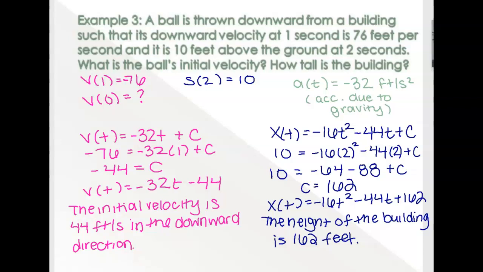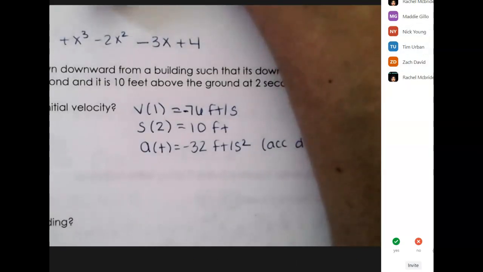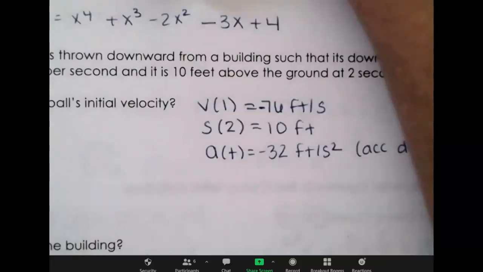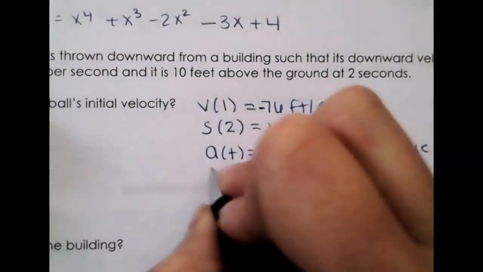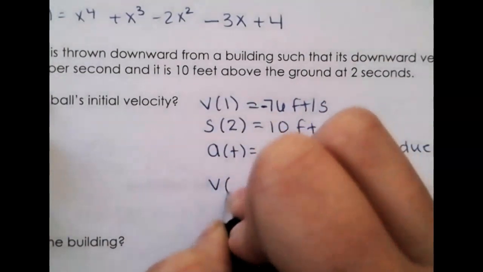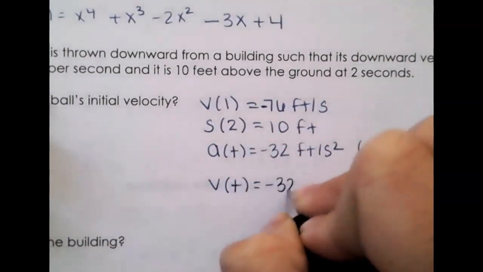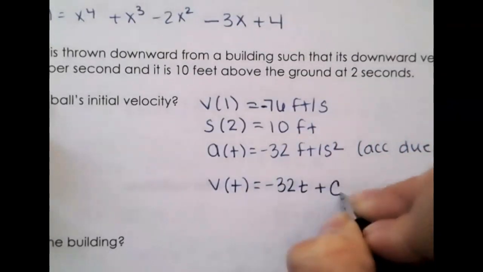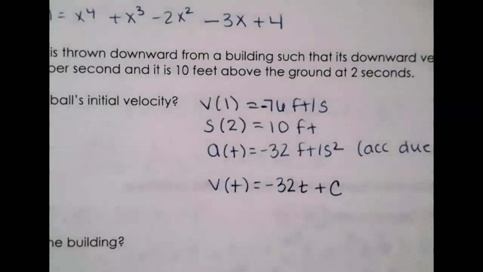So we have to use that to find velocity, and then use velocity to find position. So let's go ahead and do that now. So we'd get the velocity as negative 32t plus c.